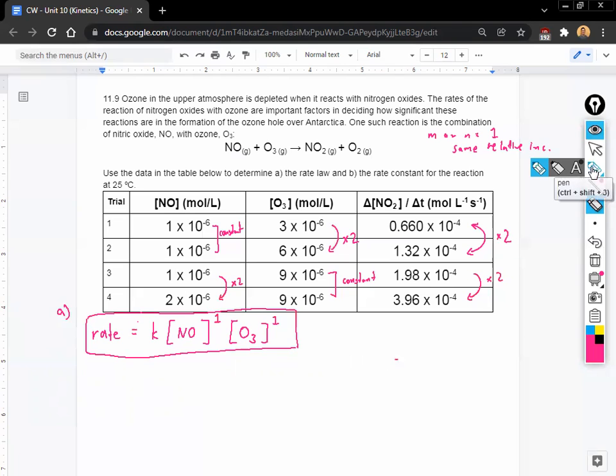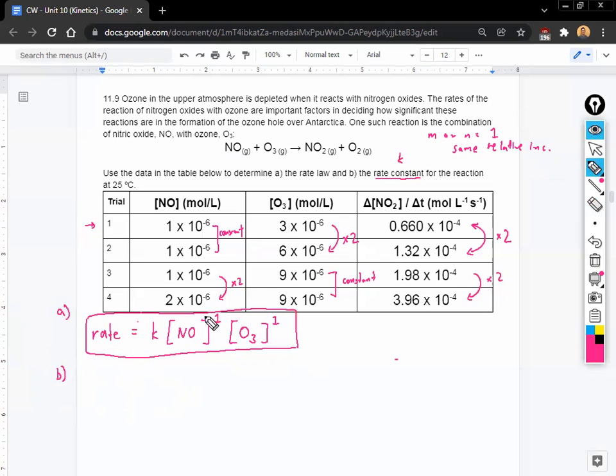Okay, now we've got to find the rate constant, which is K. Now that we have the rate law, we can calculate K. You're going to use this rate law and the numbers from one of the trials to calculate K. So let's pick trial 1, just because it's the first one. We're just going to plug in the values.